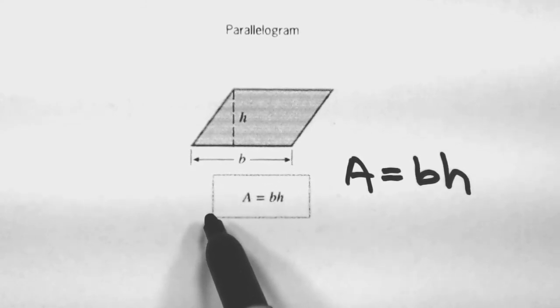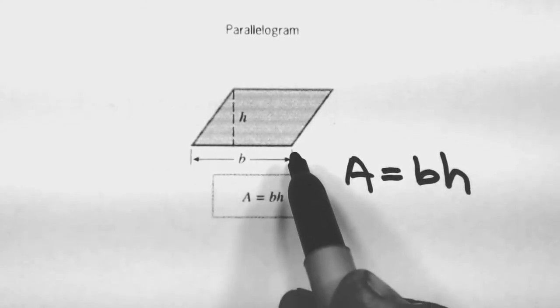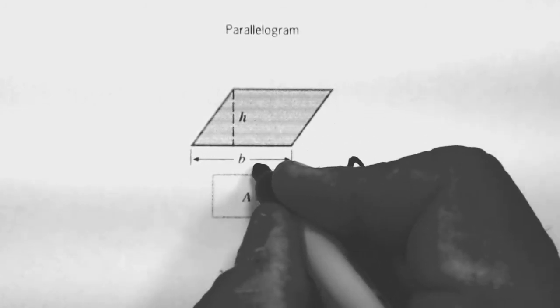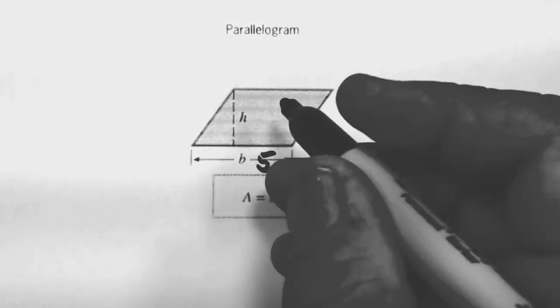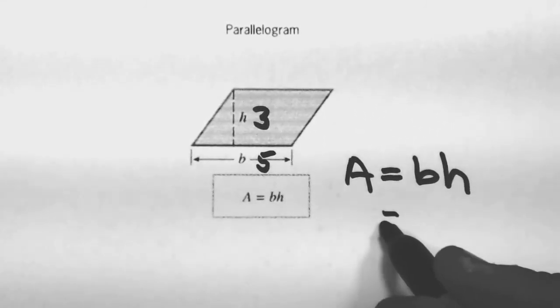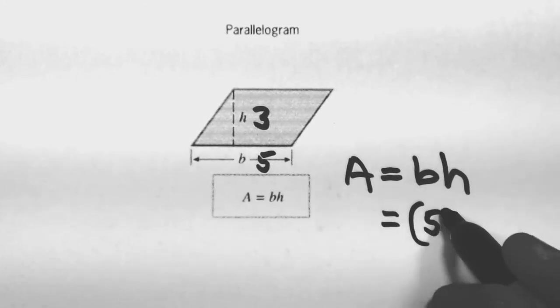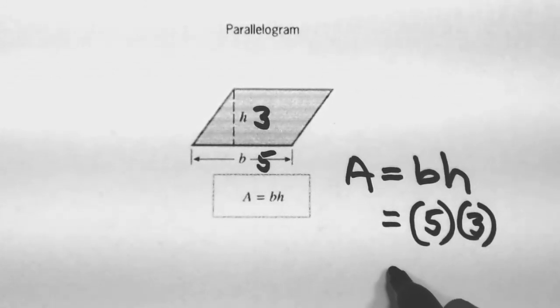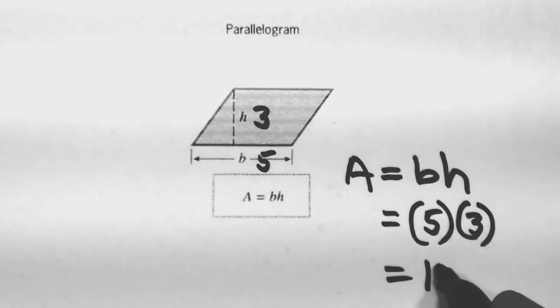So all you do to come up with the area here, take the base times the height. Let's say that our base happened to be 5 in this particular problem, and let's say the height happened to be 3. Well, the area then would be the base 5 units times the height 3 units. 5 times 3, it would be 15.